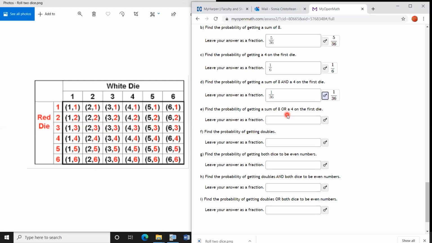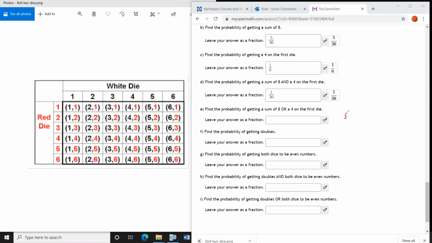General rule for addition, if you don't remember, tells you to add the probability of the first event plus the probability of the second event, and subtract the probability of both. We already have the probability of both right here. So for this problem, you will simply add the probability of getting a sum of 8, and we already have it here, which is 5 over 36, that was the first one.